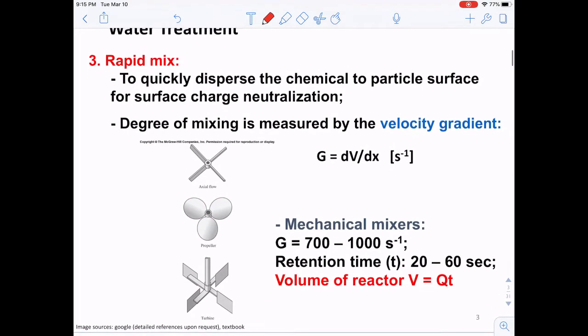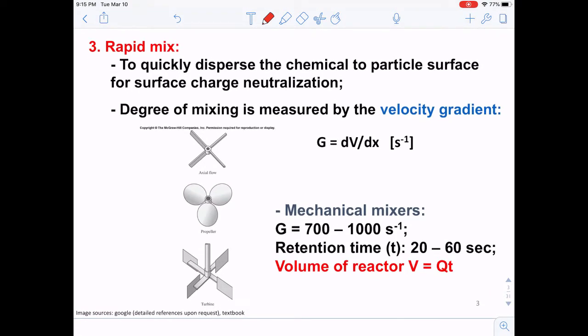One thing that I forgot to mention is that for this rapid mixing process, typically we will design a reactor that should have the correct volume. To calculate this volume is actually quite straightforward. We just need to multiply the retention time, which is the time that the water is going to stay in this reactor, by the flow rate that we're going to process.